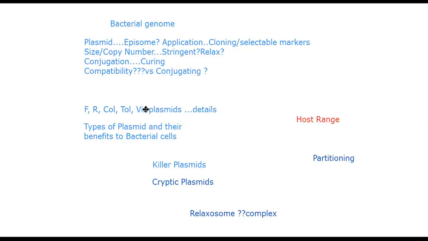But generally, most plasmids have narrow host ranges. Why most of the plasmids are not found in all bacteria, and why they do not have a broad host range, is completely unknown. This is something beyond our knowledge.